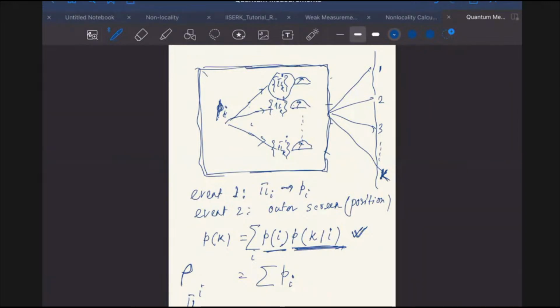So what will that be? Can anyone answer? Trace of pi i k into rho. Trace of pi i k rho, right?